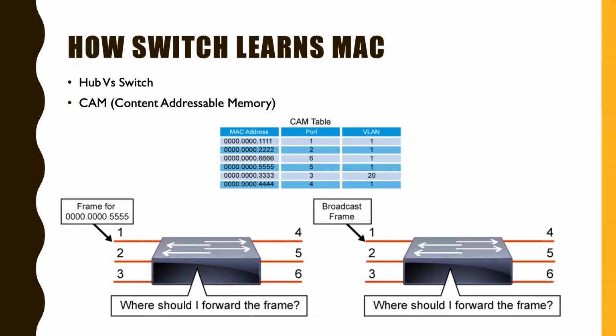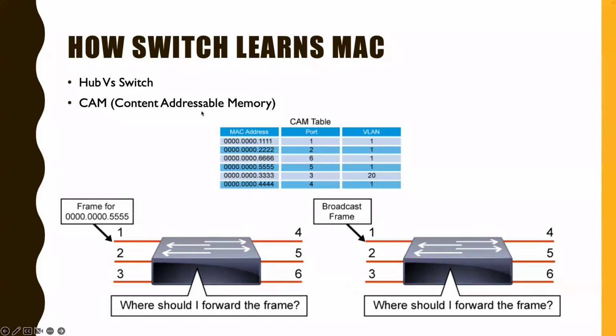Now, within a switch, how does it happen? A switch we can call an intelligent hub. Why intelligent? Because it keeps data about which host is connected to which port. It keeps that intelligence using the MAC table or CAM table. CAM table and MAC table are one and the same thing.